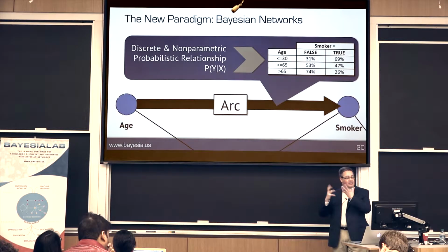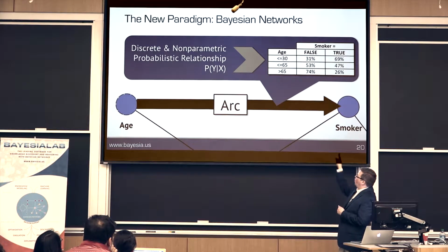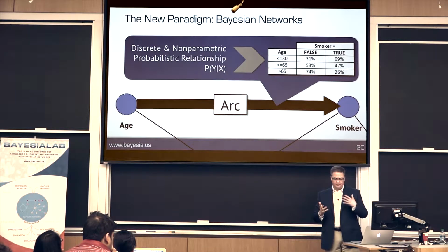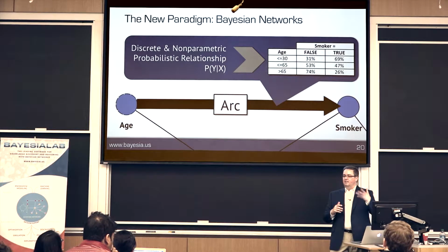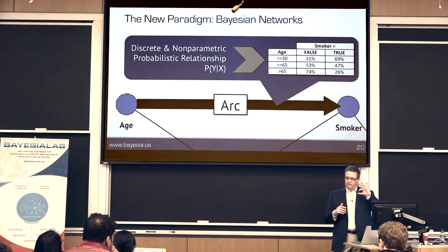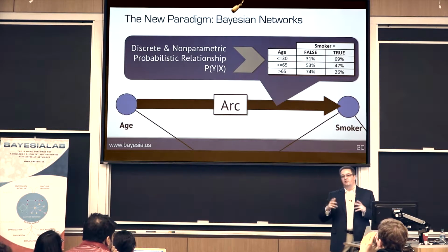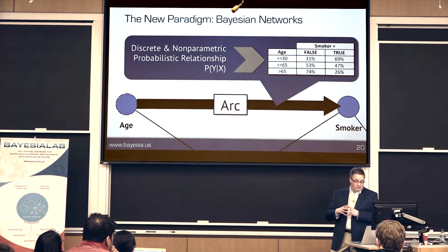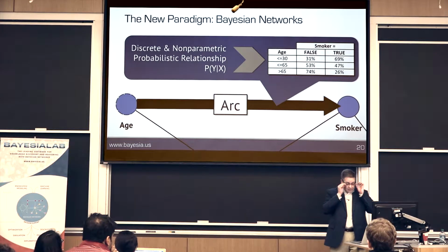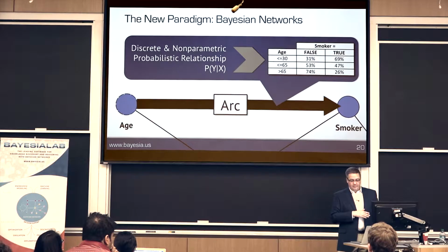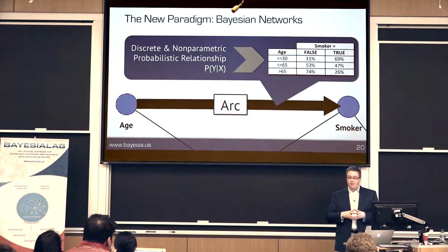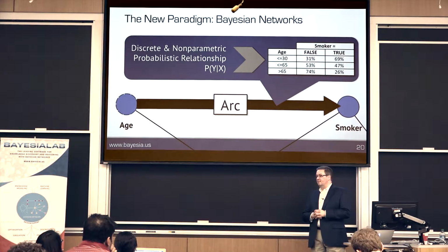It's done in a conditional probability table. So you need to envision that this arc in the background contains a table, kind of a crosstab, that relates the states of the variable age with the states of the variable smoker. And so we can read out, for instance, among folks who are older than 65, 74% are non-smokers.